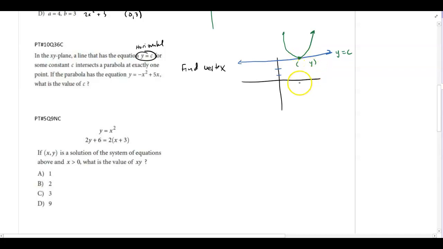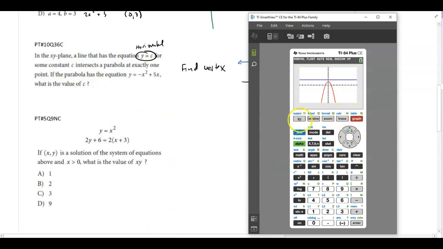That would be c. So I go to my calculator and plug in the function they give me: negative x squared plus 5x. When I graph this, you see your vertex is right about there.